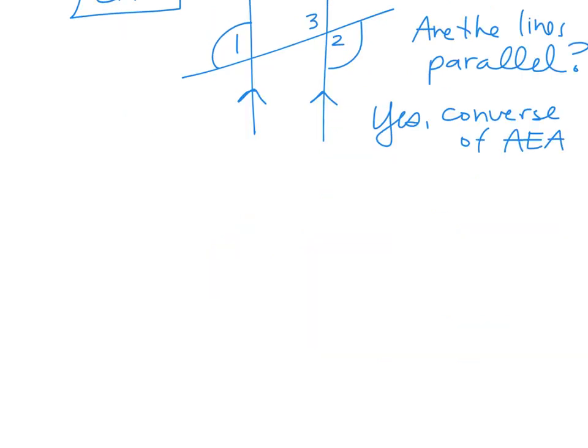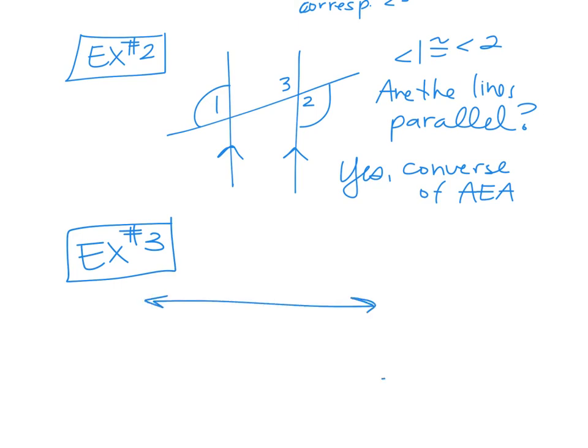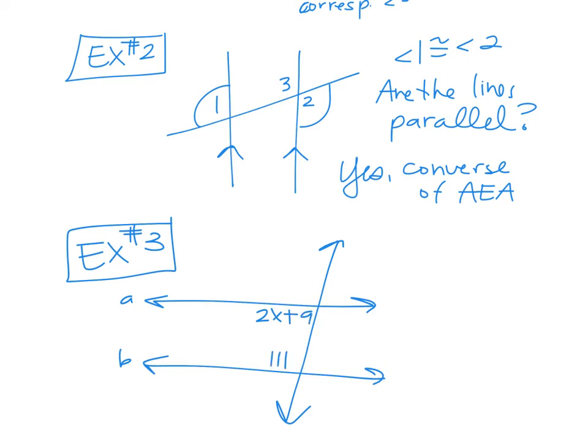All right, last thing. And this one's gonna look just like what you did Tuesday. They're gonna word it differently, but you're gonna solve it exactly the same way. So you have line A and line B, a transversal here, and this is 2x plus 9, and this is 111, okay?